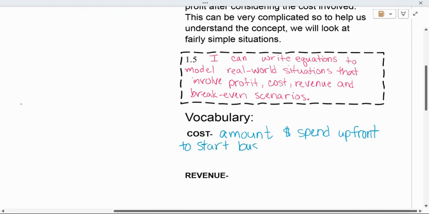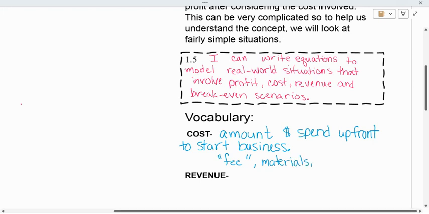And it doesn't necessarily have to be a business, but to start whatever it is you're doing, right? So it could look like an initial fee, or it could be something like materials.